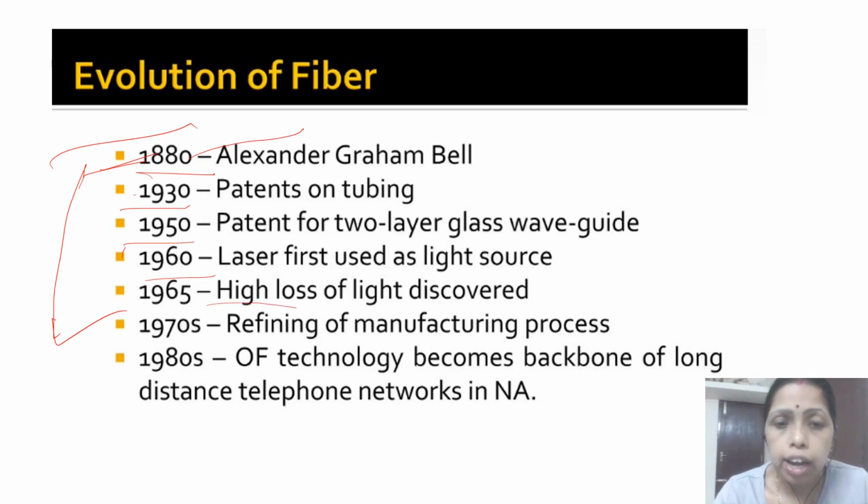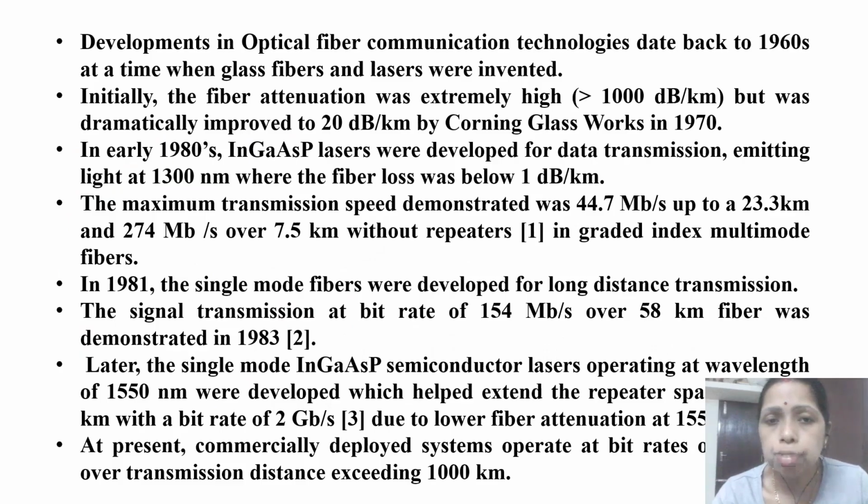High loss light was discovered, then refining. So these are some technologies that were developed day by day. Normally, if you think about fiber optics, how do you design the optical fiber? This totally reflects the signal loss and the signal degradation.